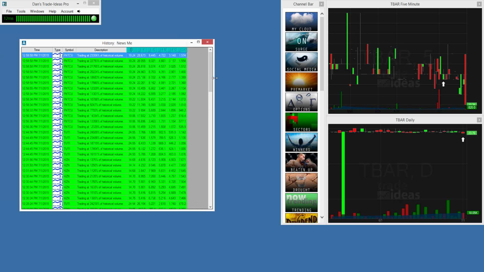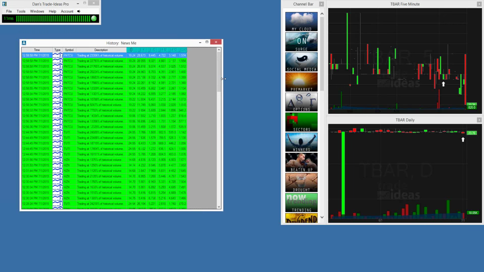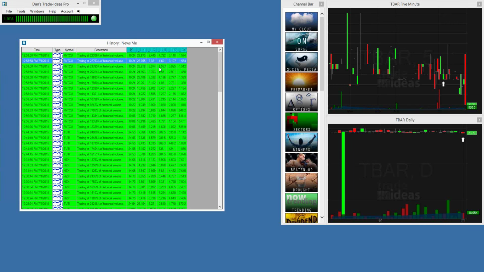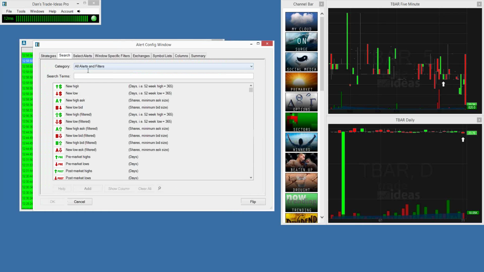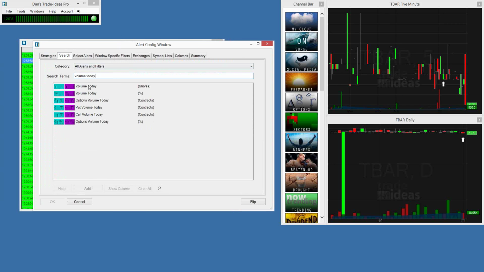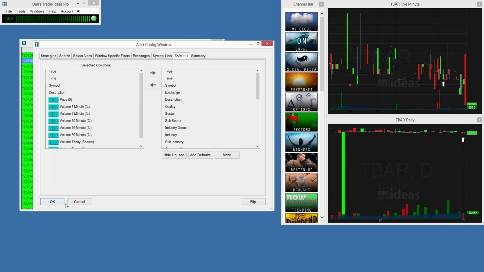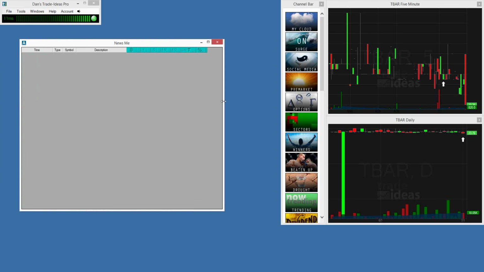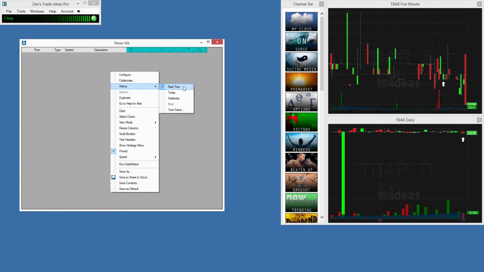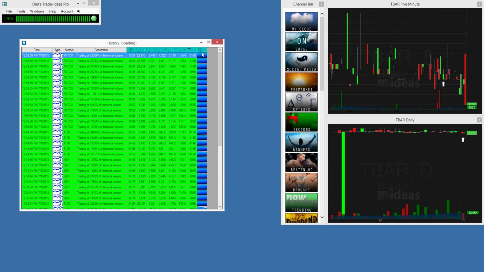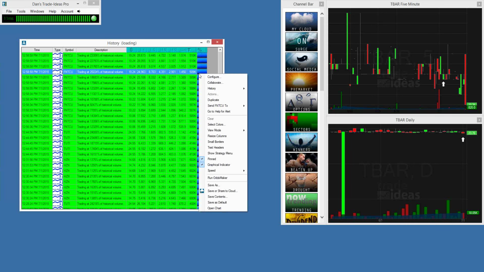And here, what was going on, and also I'm going to go to volume today so you can see that as well. Everything that we have as a filter can be used as a column, so that you can really see all the detailed information.